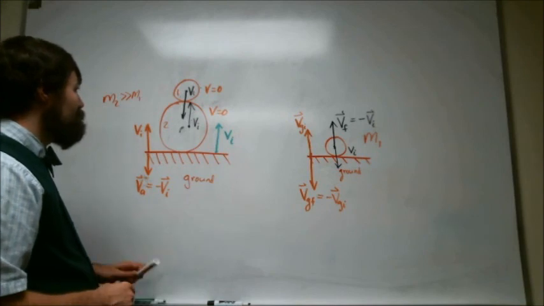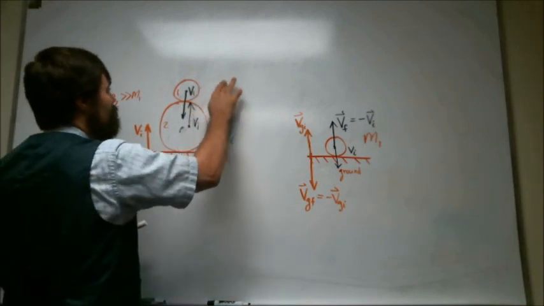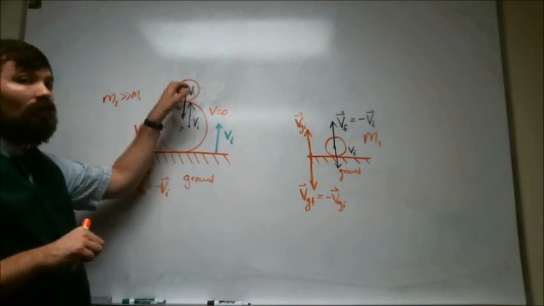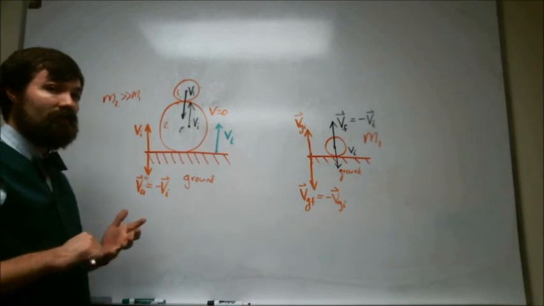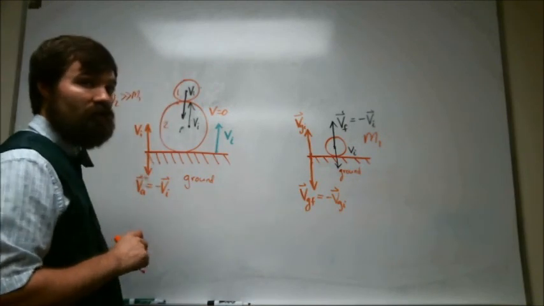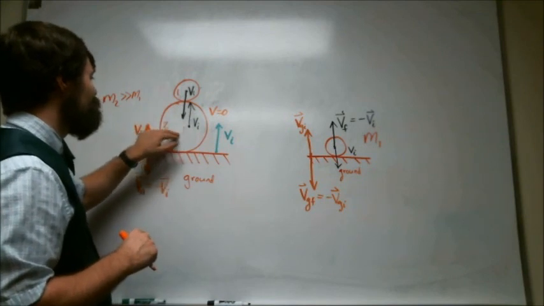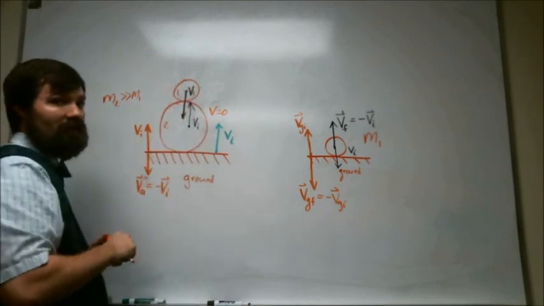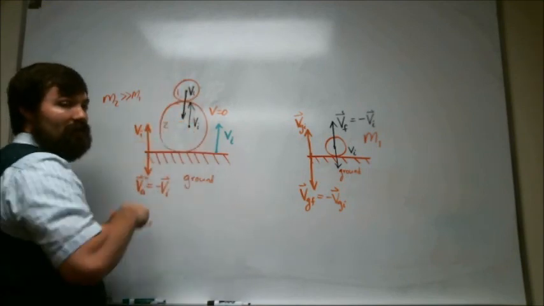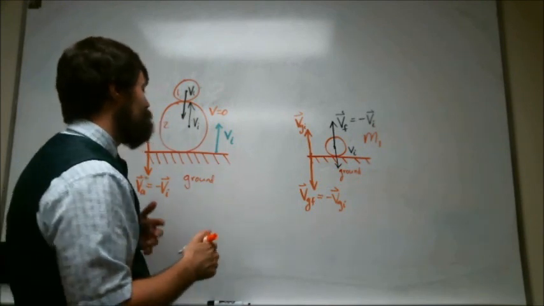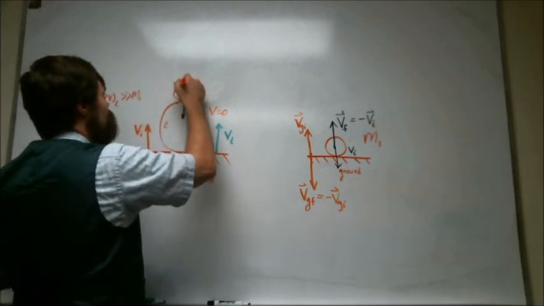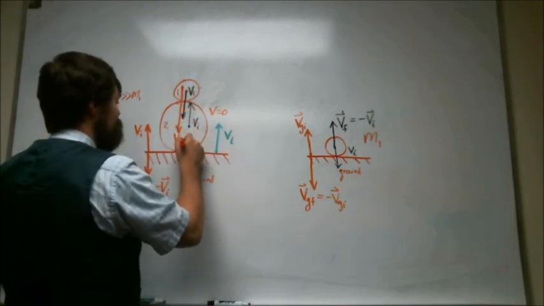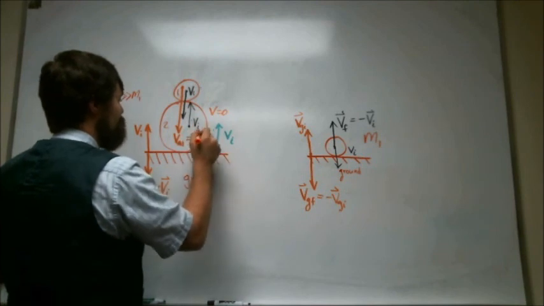Okay, and similarly, ball number 1, which originally looked like it had 0 velocity initially, now looks like it's rushing towards ball 2 with a velocity that's equal to this minus this. Either way, it's going to be a speed of 2 vi. So this one now has a speed of v after impact for number 1 of 2 vi.